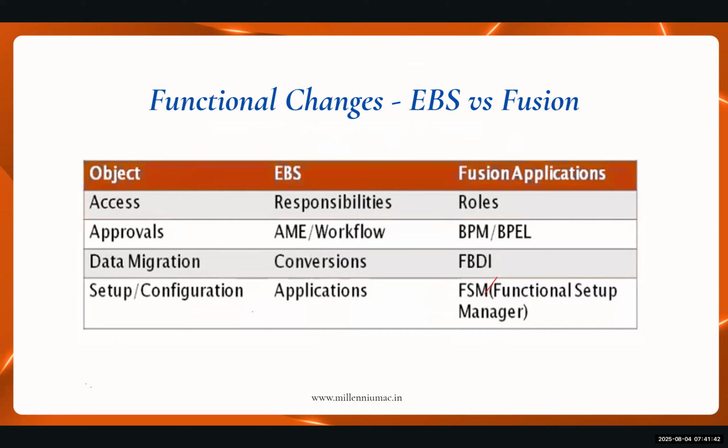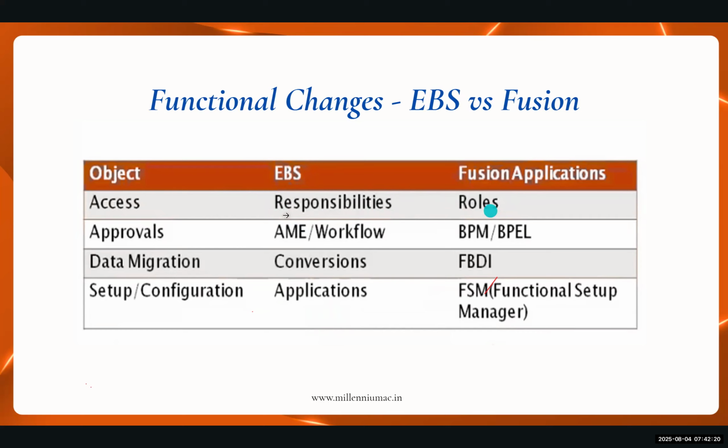Likewise, based upon their roles, they will have certain access, by provisioning the responsibilities. So by provisioning certain responsibilities according to their designation, for the employees in the EBS, we used to provision the responsibilities. And coming to Fusion, we call them roles. So by provisioning certain roles, we will be giving the access to certain areas.